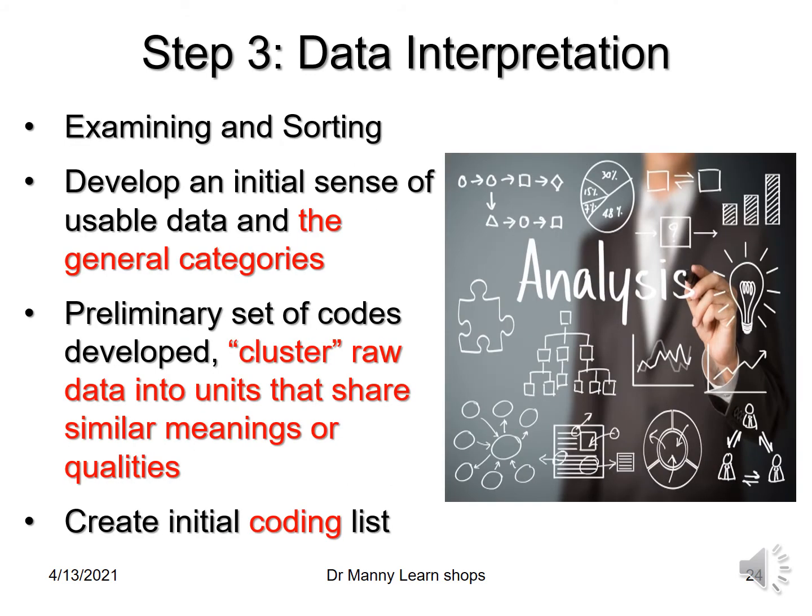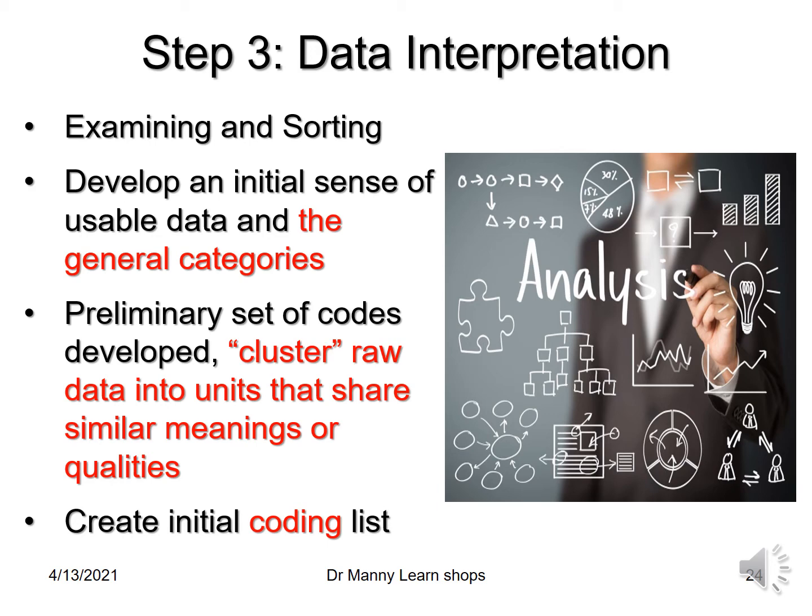Then you've got data interpretation. This is where you examine and sort and organize your data further, and you develop an initial sense of what's usable, and you put them into general categories.